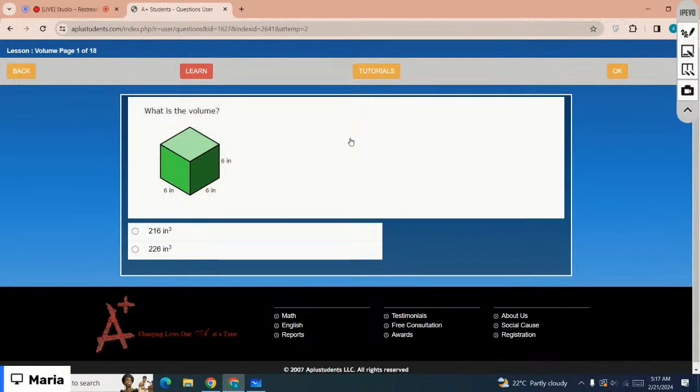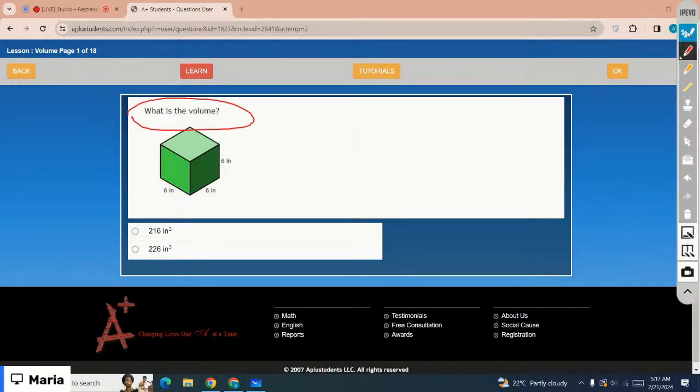Whenever you have to calculate the volume of the cube, you can use a formula, that is volume equals side times side times side. Why? Because all sides are equal in measurement. So you have to do 6 times 6 times 6, and that is 216 cubic inches, right?